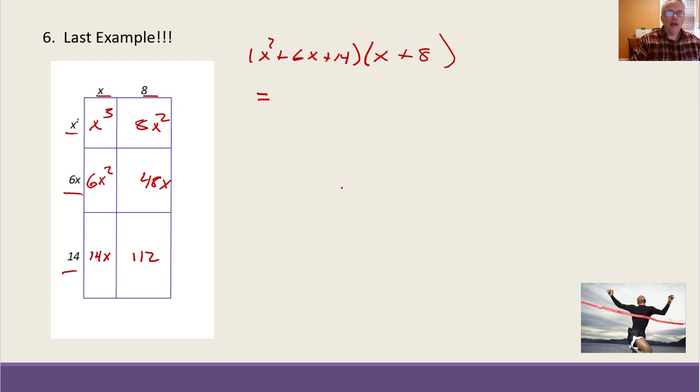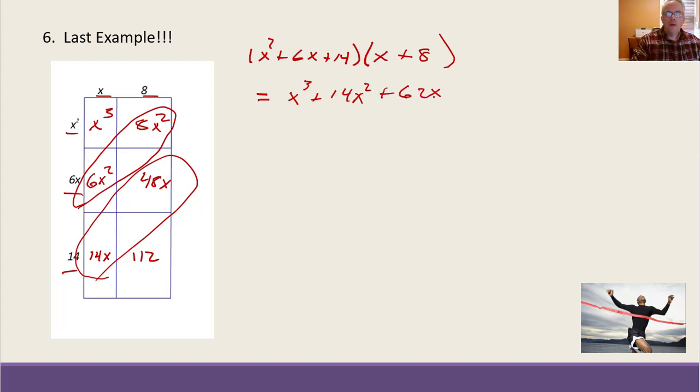All right, we're going to add them up. X to the third. Here's our x squared ones. We can combine those to make 14x squared. Here's our x ones. We're going to combine those to make 62x, and plus 112. That's our fact.